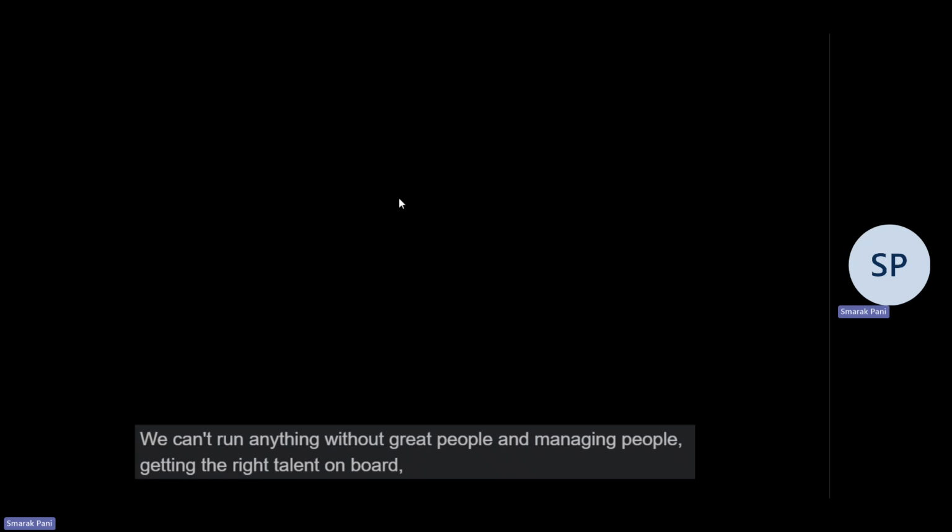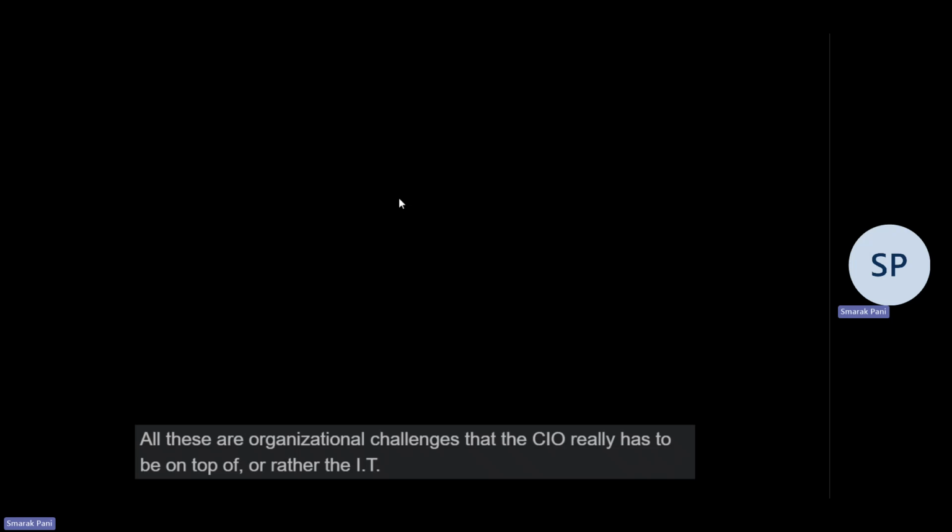We can't run anything without great people, and managing people, getting the right talent on board, building high performance teams, working with our technology partners. All these are organizational challenges that the CIO, or rather the IT leader, has to be on top of. So I think that's a good way to summarize the 4 priorities of the modern IT leader.